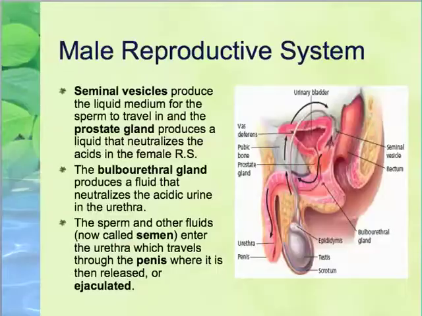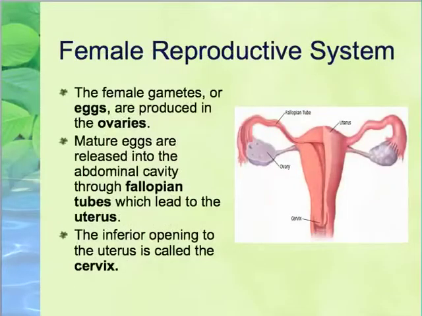All right. The female reproductive system is obviously entirely different because it has an entirely different job. The female reproductive system is not only to produce eggs, not sperm, but is also to mature the offspring during reproduction. Now, the eggs are produced in the ovaries, the eggs being the female gamete.